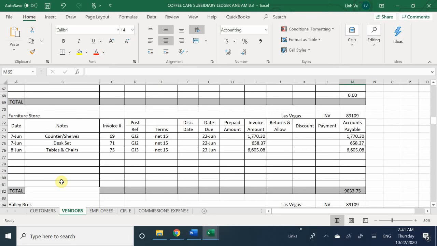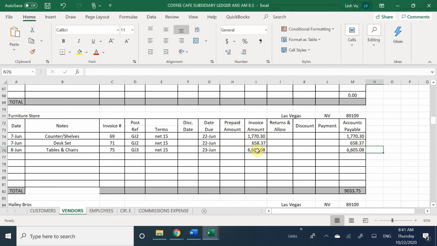Okay. The counter and display shelves, 1770.30, plus the desk set, 658. 2428.67. Say that again. 2428.67. So that's the amount of the check.